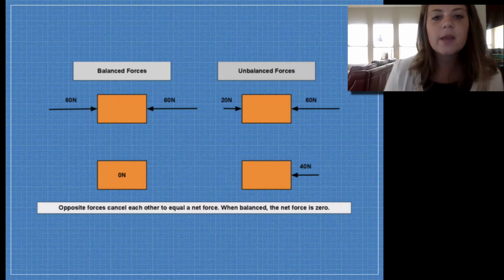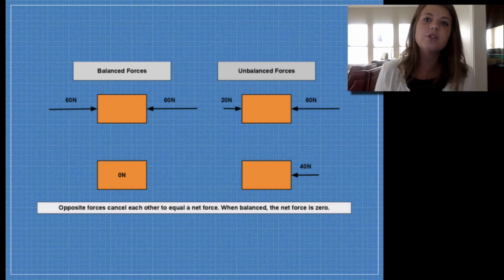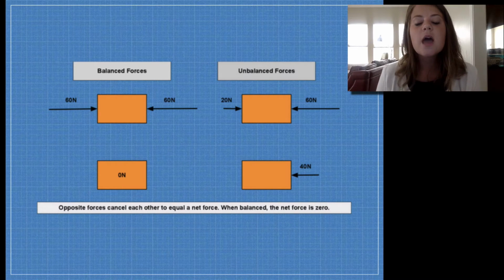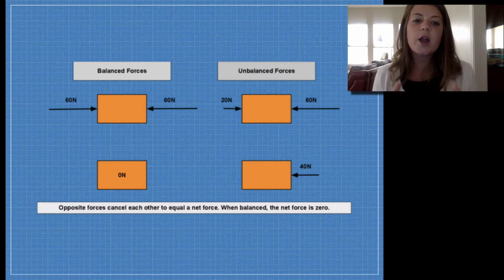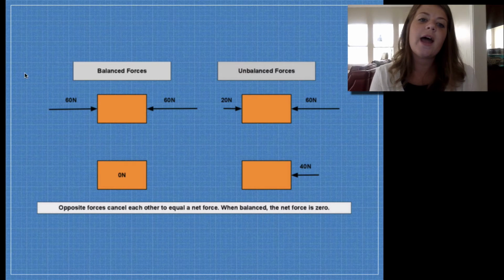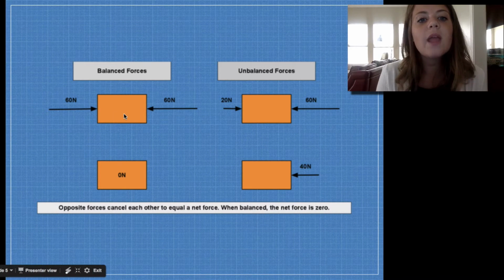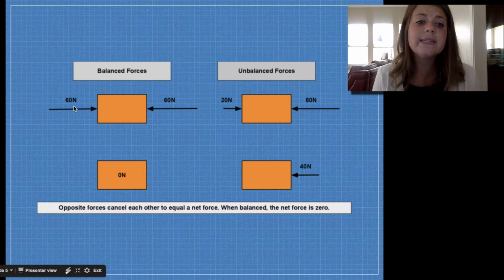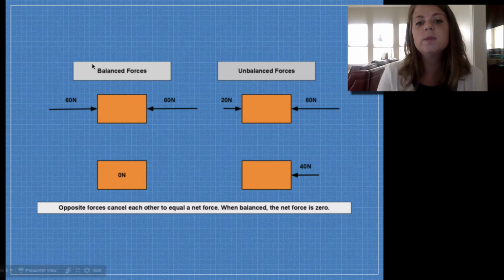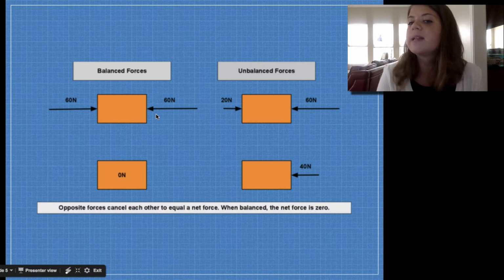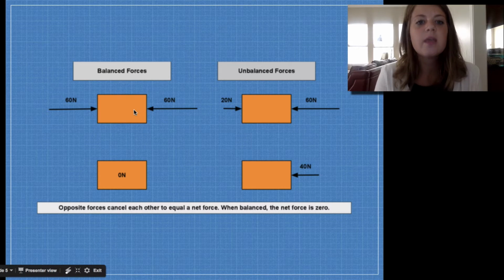So let's look at a kind of diagram of this, and I would like you to draw this diagram in your notes. It will help you understand this idea of net force and movement. So we are using newtons here. We have got a block, and on one side, somebody's pushing with 60 newtons, and on the other side, somebody's pushing with 60 newtons.